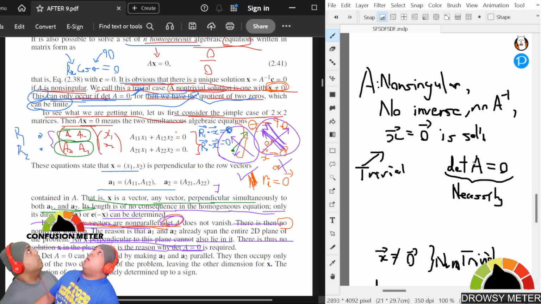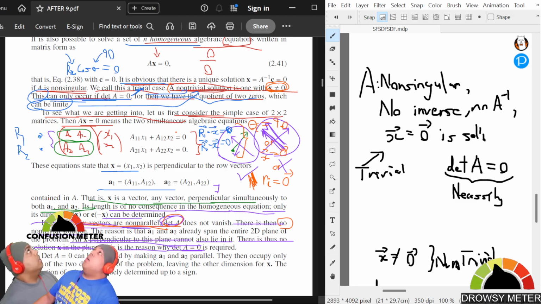Determinant of A does not vanish. Non-trivial. I feel like I'm just reading contradictions. Or is it in my head?